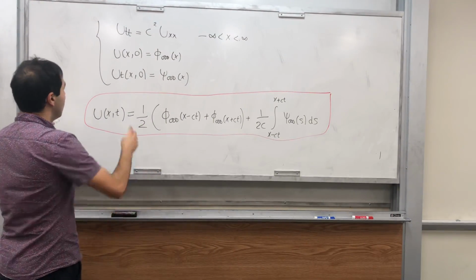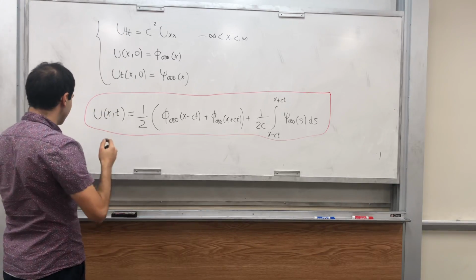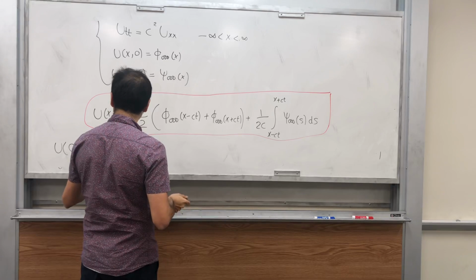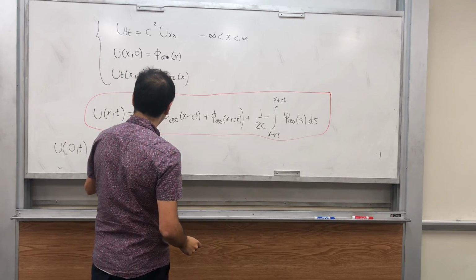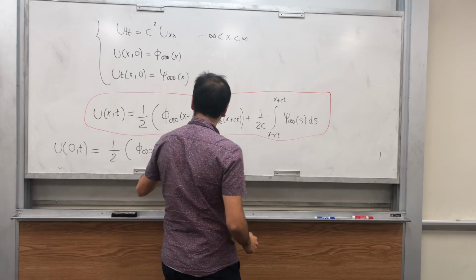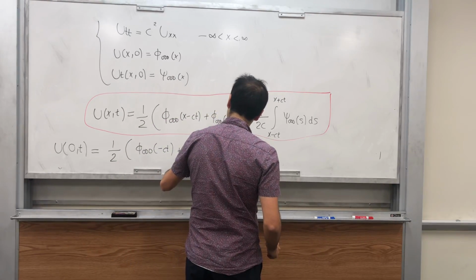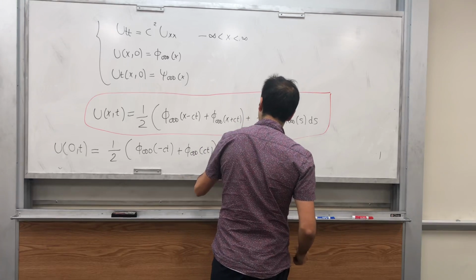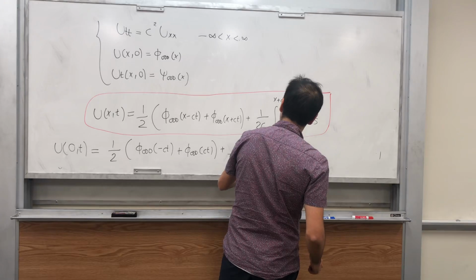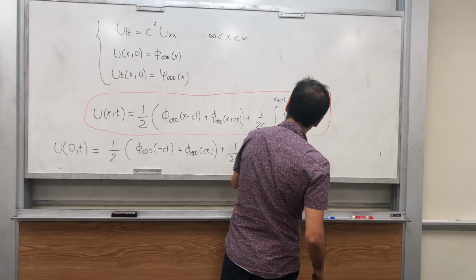And also, why do we have the other condition that it's 0 at x = 0? Because u(0,t) is 1/2 [φ_odd(−ct) + φ_odd(ct)] plus 1/(2c) times the integral from −ct to ct of ψ_odd(s) ds.